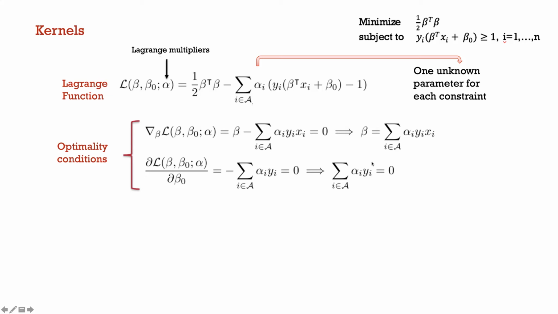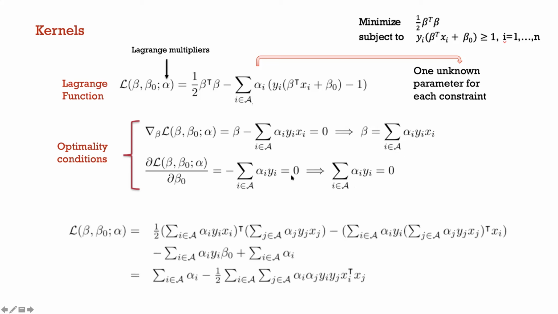After that, I can find my solution for this one as here. This equation is going to give me a scalar instead of a vector. And it is not that hard to write this, just write it instead of betas and beta 0, and then you will find this one, okay?